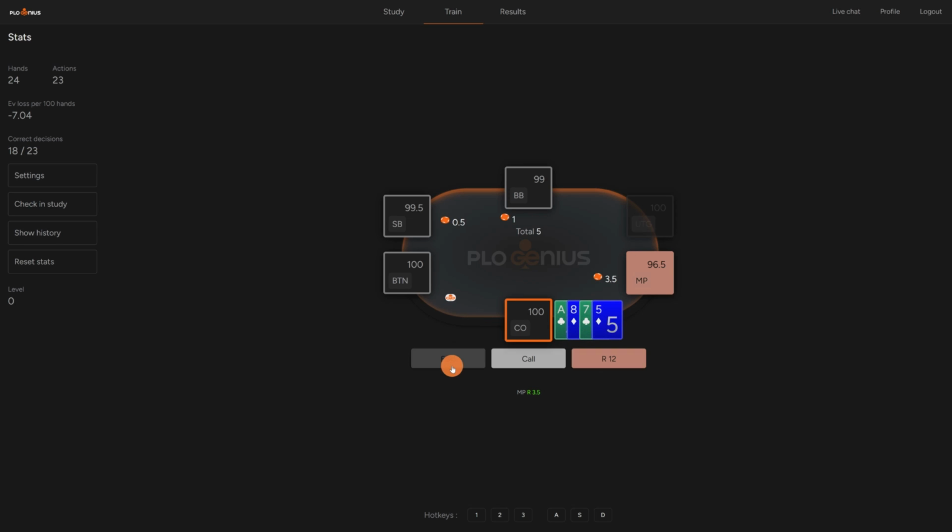And oh, that is definitely not a fold. And it was a raise, okay. That's close to call. Yep. That 4's just too dangly for me, so I'm going to fold it.